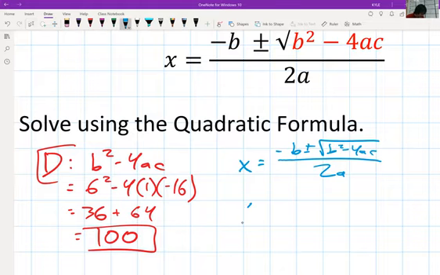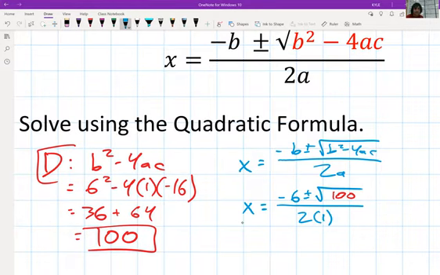So x equals negative 6, because that was b, plus or minus square root of, guys, we already figured out the discriminant. I'm not going to do b squared minus 4ac in there. I'm just going to put 100 because we already figured it out. So x equals negative 6 plus or minus square root of 100 all over 2 times 1.